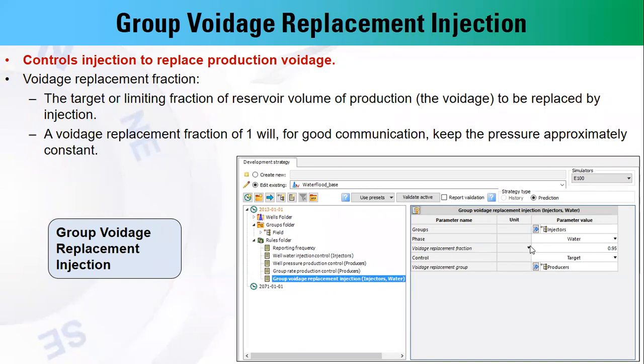So in this example, we have a group of wells, which are injectors, and the injected phase, which is water, and the voidage replacement fraction is 0.95. It can be higher than 1, to keep the reservoir pressure at higher levels in case the required criterion is to achieve a high voidage replacement ratio.